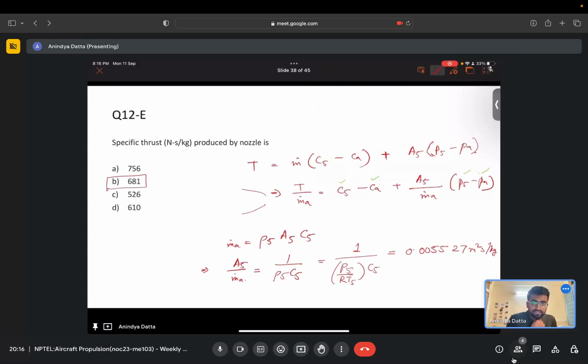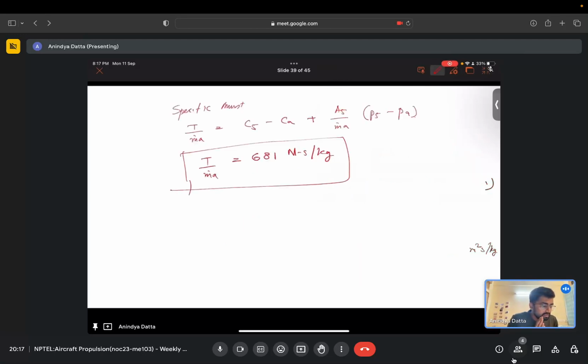Is this clear? So here remember, if the nozzle is choked, the pressure thrust, this term A5 times P5 minus Pa, is not equal to 0.